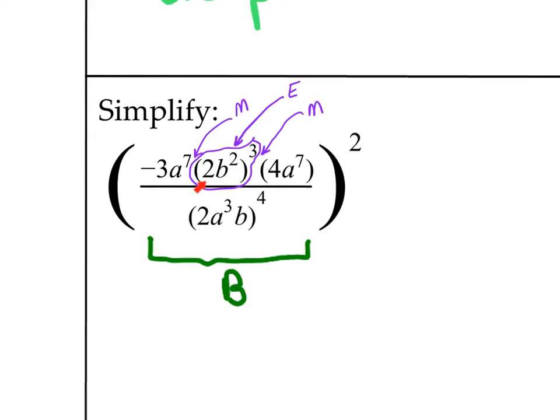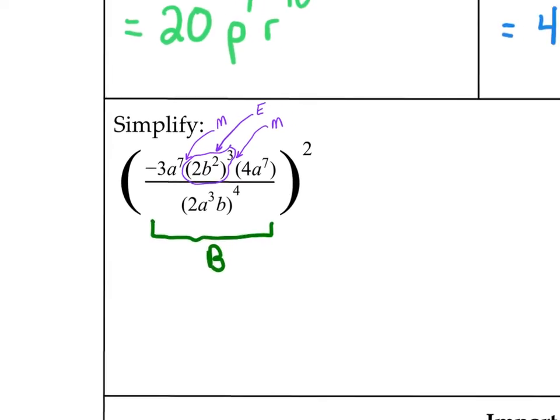Now, right there is the coefficient, and that is an exponent. So 2 to the exponent 3 would give you 8. Then the exponent on the b and the exponent on the outside, those will multiply. So remember, coefficient of 2 gets an exponent of 3, but an exponent of 2 would multiply with an exponent of 3.